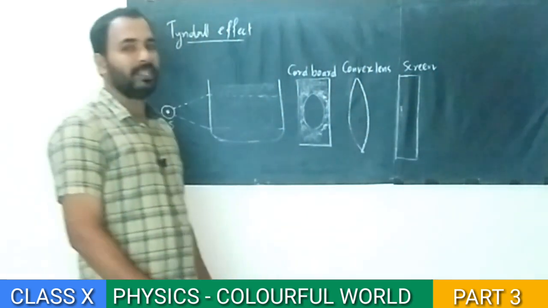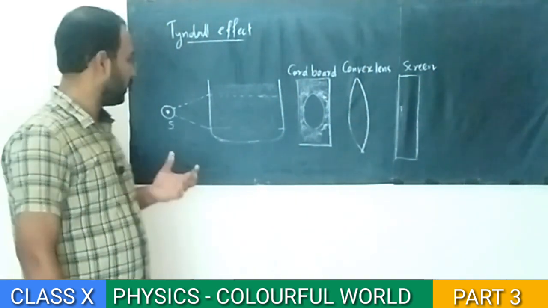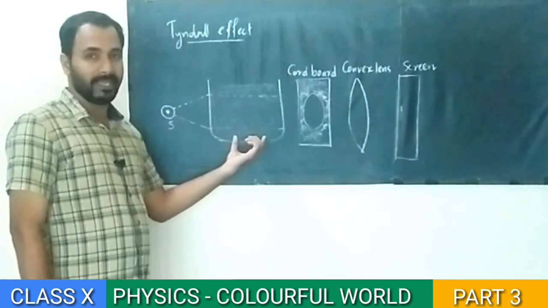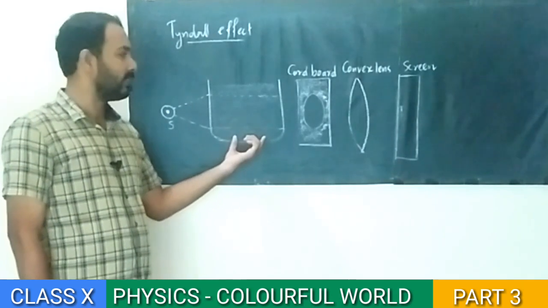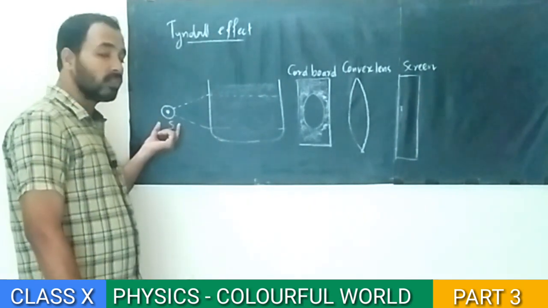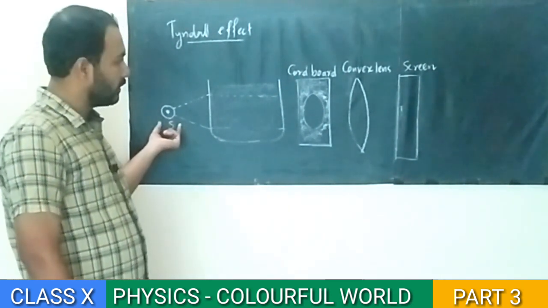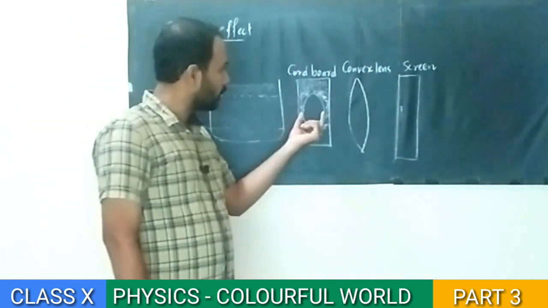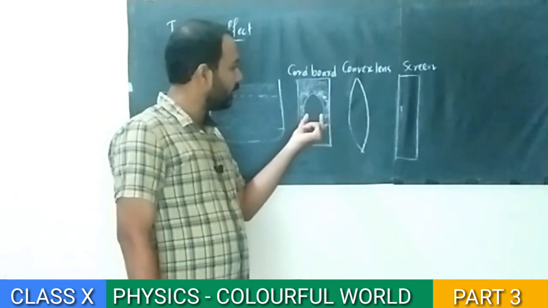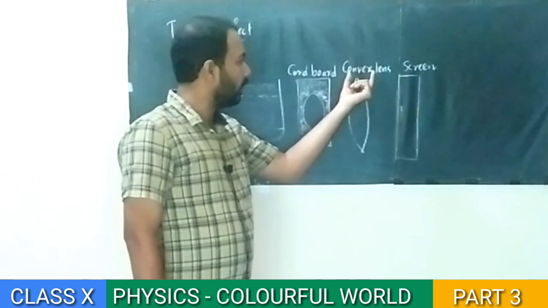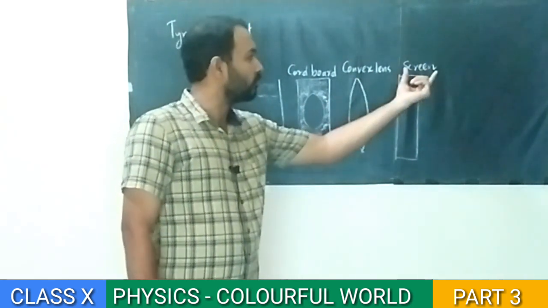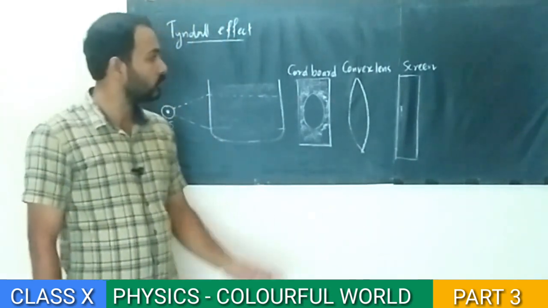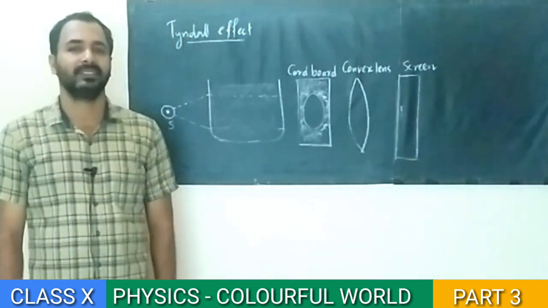This is the experimental arrangement. First we take a beaker filled with fresh or clean water. A source of light is used here. Then there is a cardboard with a hole, then a convex lens parallel to this cardboard, and a screen placed parallel to the convex lens.